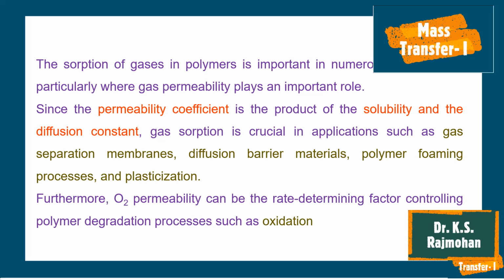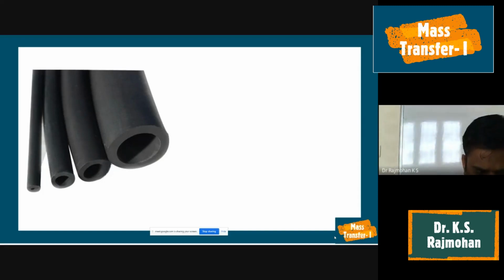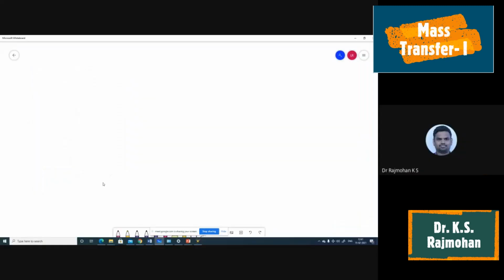To start with, we all know this is neoprene rubber. This type of rubber tubes are used for transporting gases like hydrogen, nitrogen for laboratory scale, small scale supplies. So take down this problem.